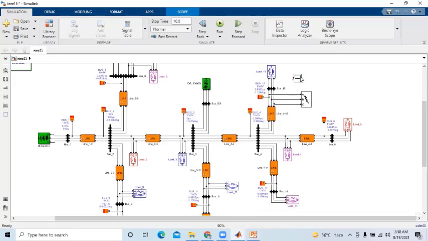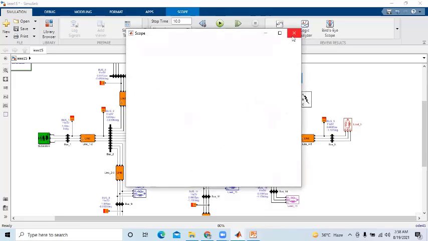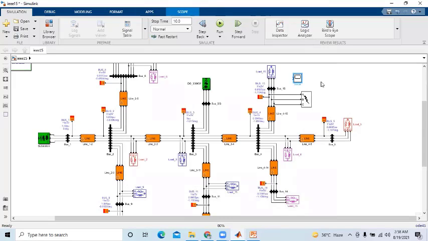Let me open up this scope block over here. We can also connect a multimeter.